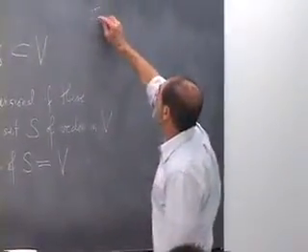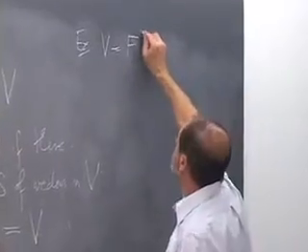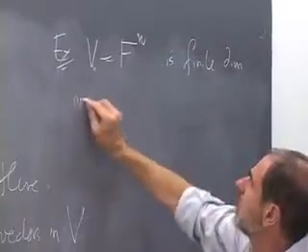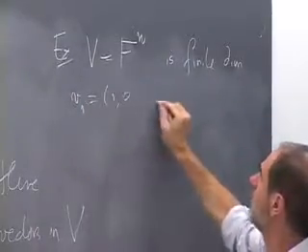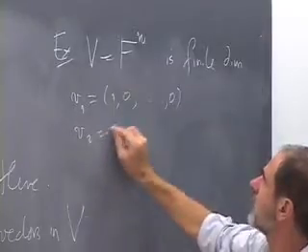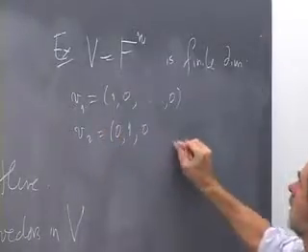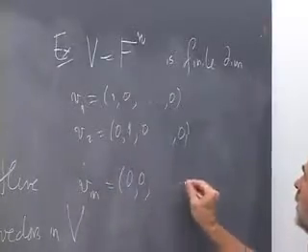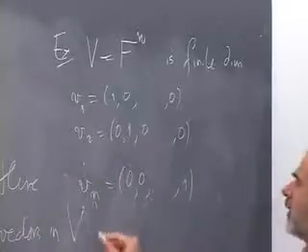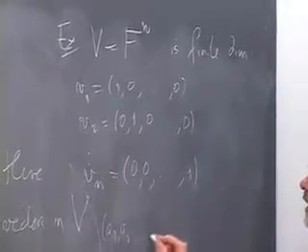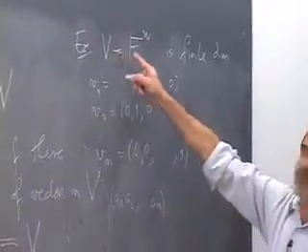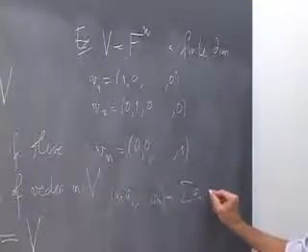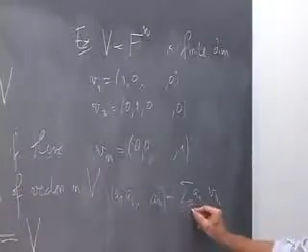So example, V equals F^n is finite dimensional. If you take the vector v1 to be the vector 1, 0, ..., 0, and v2 to be the vector 0, 1, 0, ..., 0, and finally vn to be the vector 0, ..., 0, 1, then the vector a1, a2, ..., an, that's a general element of this vector space, which is just n-tuples of elements in F, is the sum of the ai times the vi, i equal 1 to n.